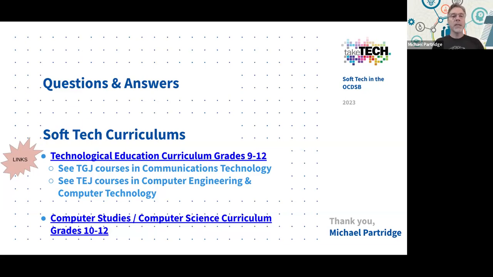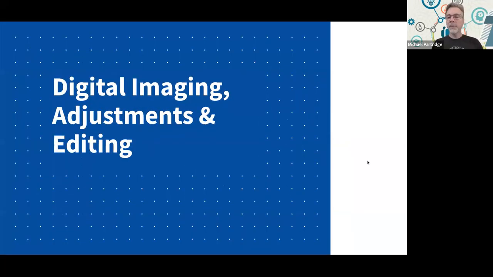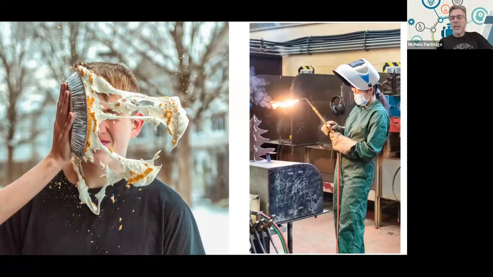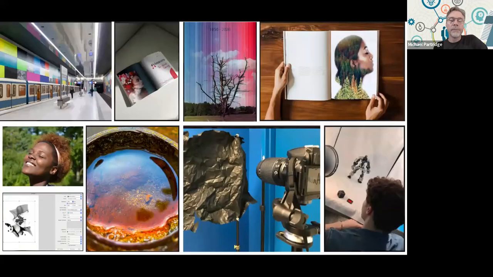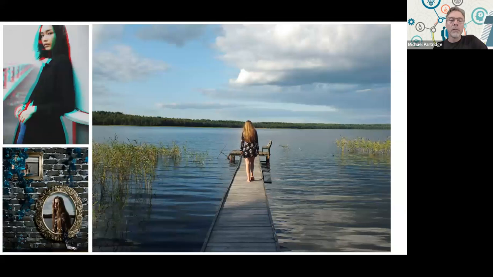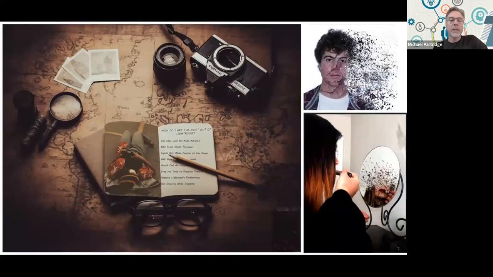The first group of student work that I'd like to show you is from digital arts, so TGJ courses. In TGJ, you do a number of things to do with photography, image editing, Photoshop work, these kinds of things.